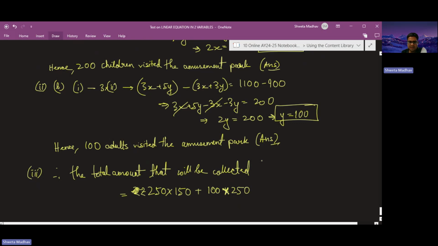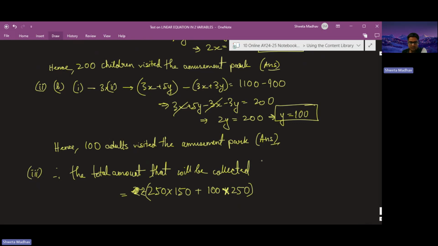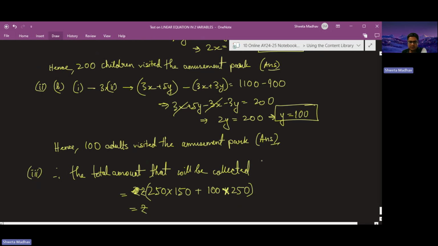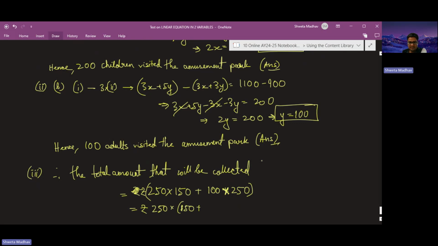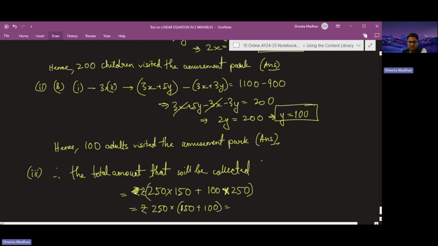Each adult will pay rupees 250, and each child will pay 150. So we can take 250 into 150 plus 100, which will be equal to rupees 250 into 250.